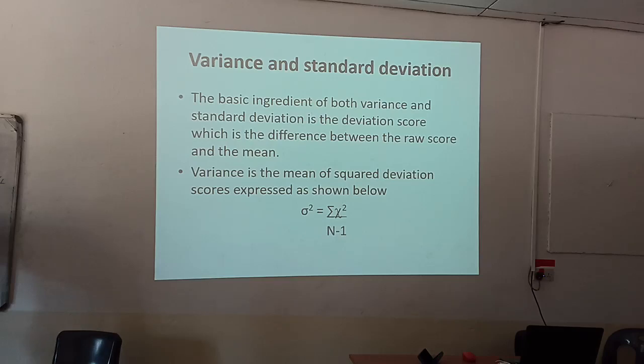But the fact that you have 52, you have 53, you have 56, these guys are falling away from where the central performance is. So they are deviating. The fact that you have 65, you are deviating from the mean. Okay? So those are deviation scores.